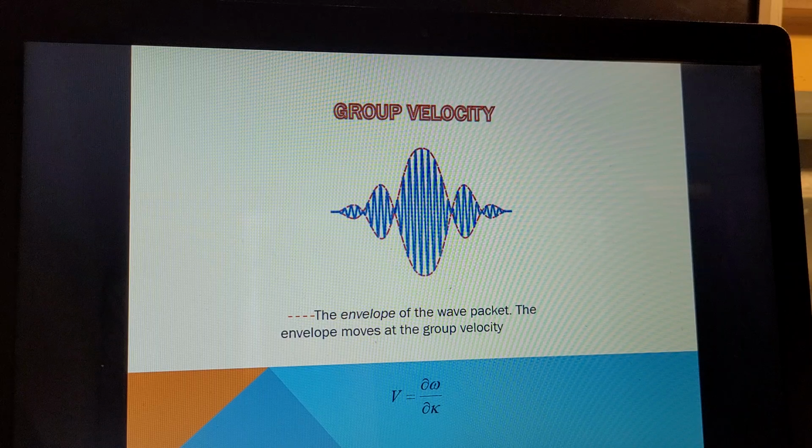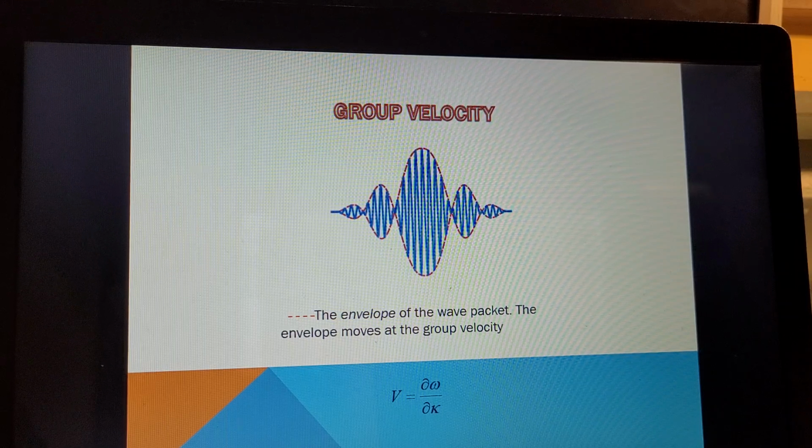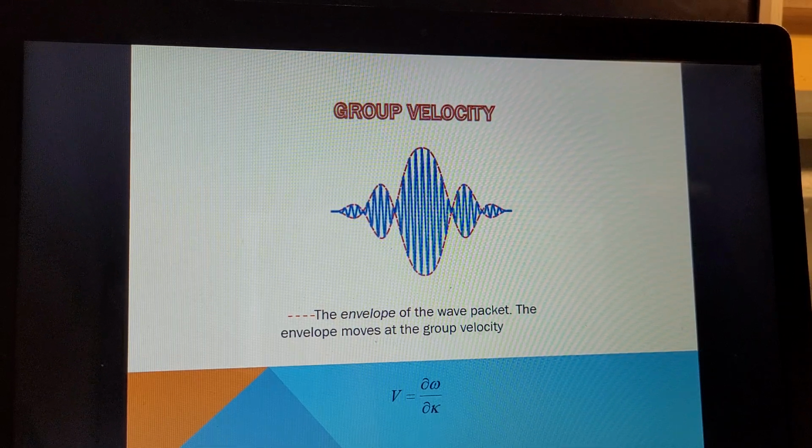But what this group velocity means, you know that light has double behavior, particle or wave. We are still in challenge that particle behavior of light is true or wave behavior of light. So as you can see, we have different waves.